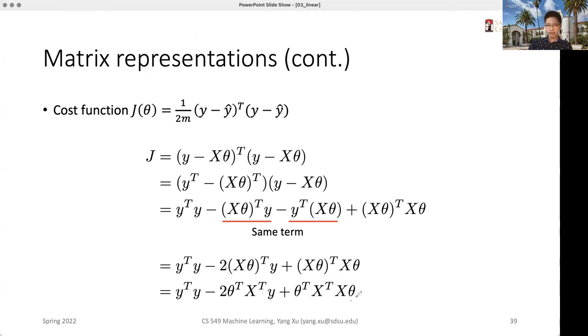Our theta has n dimensions. And this is also a quadratic function with respect to matrices, with respect to long vectors. But in nature, it is still a quadratic function. So let's do this quickly on the next slides.